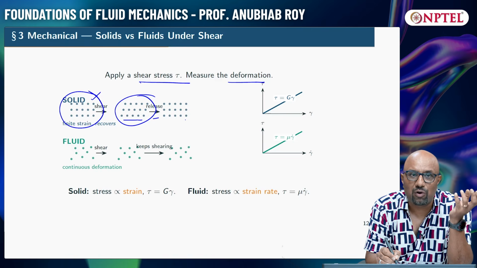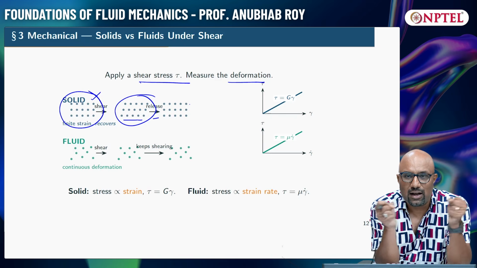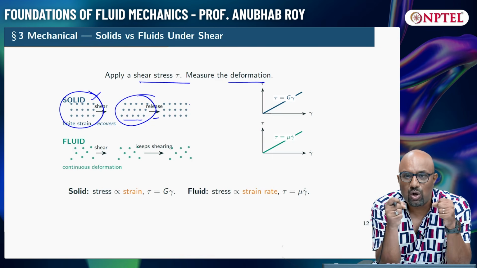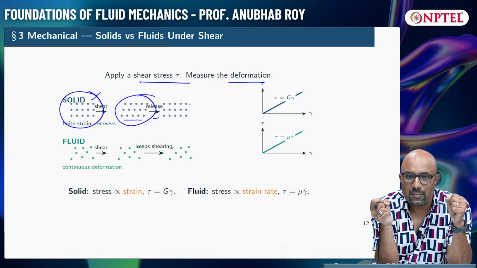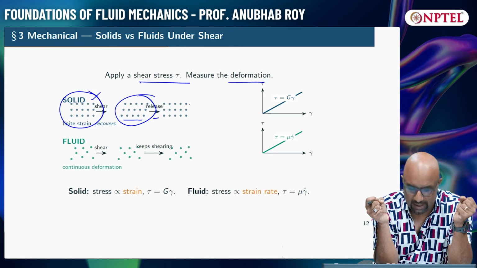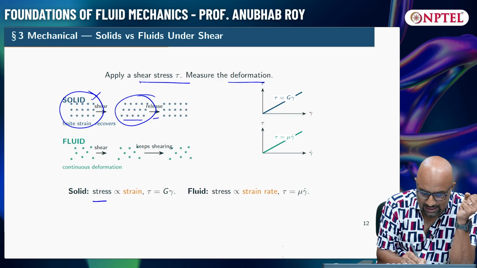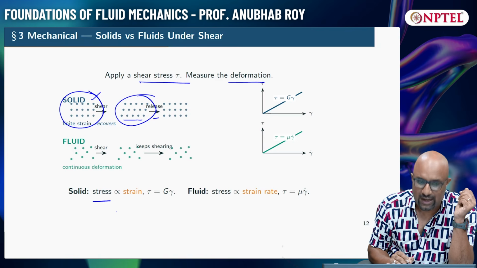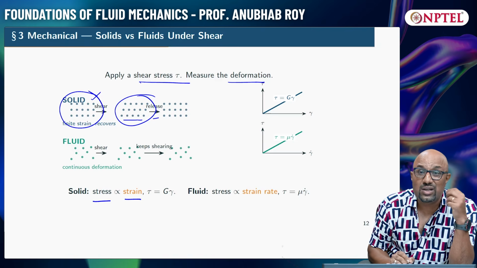That's the property of what we call a Hookean solid. Hookean comes from the fact that it's like a spring that we know, where you have learned Hooke's law, that the force that it experiences, the spring force, goes linearly with the deformation. Since we are dealing with a continuous medium, this tells us that the stress that is experienced by the object, which is the force per unit area, is proportional to the strain that is accumulated in the object.